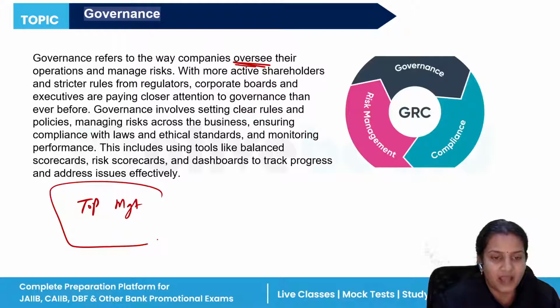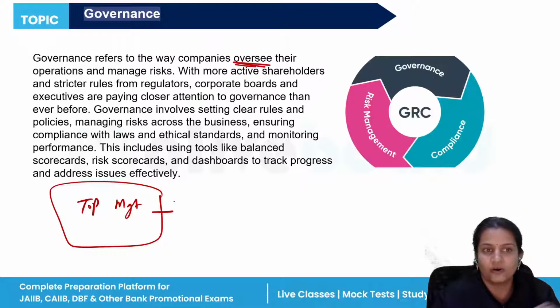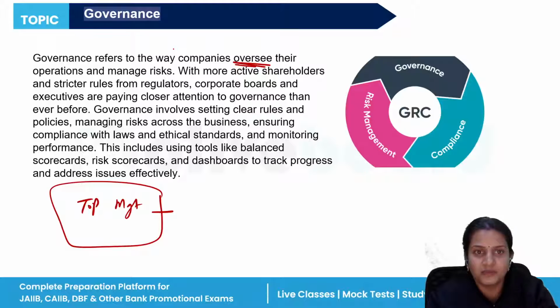The top management handles all situations. They plan all the activities, oversee all the operations, manage risk, review the activities, and distribute tasks to different people. That is what governance refers to. They have to make the policies, rules, and regulations so that the other members will follow them and work in the same manner.